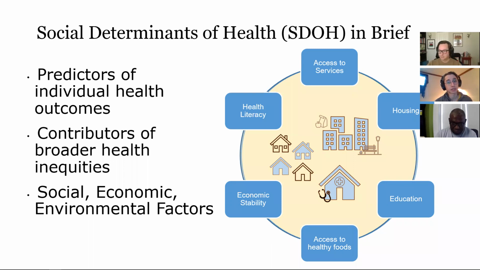So for example, communities' health in part relies on the availability of things like safe and affordable housing or housing programs like permanent supportive housing, accessible healthy food options, and more.